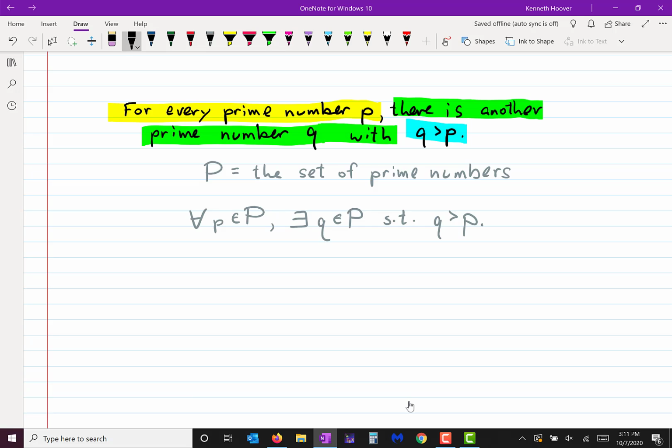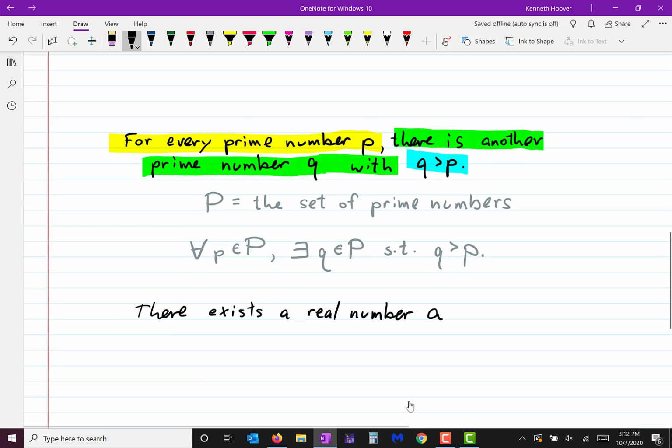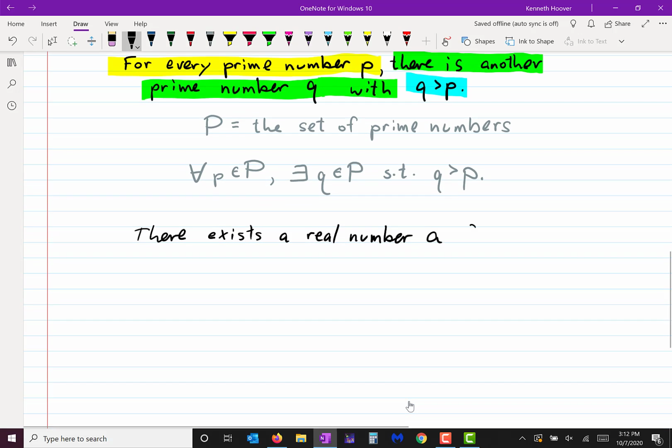Let's look at this one, and then I'm going to have to stop. There exists a real number a for which, for which is just another way of saying such that, just like up above in that last example.